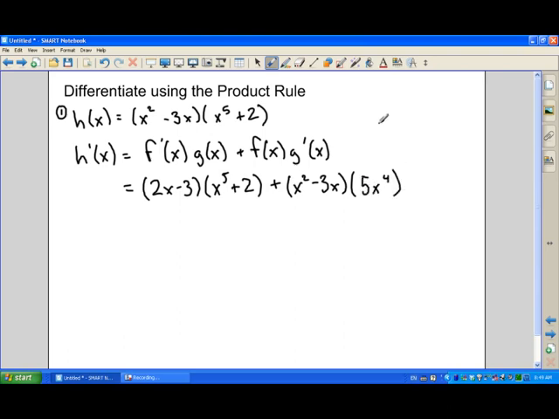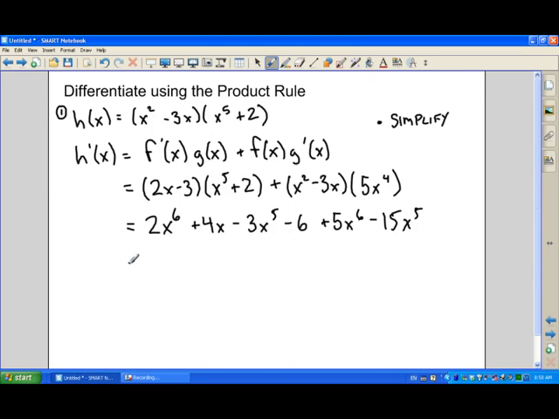Now that I've done that derivative step, I'm going to simplify if I can. And I can simplify here by expanding everything. So I end up with 2x to the 6th plus 4x minus 3x to the 5th minus 6 plus 5x to the 6th minus 15x to the 5th.